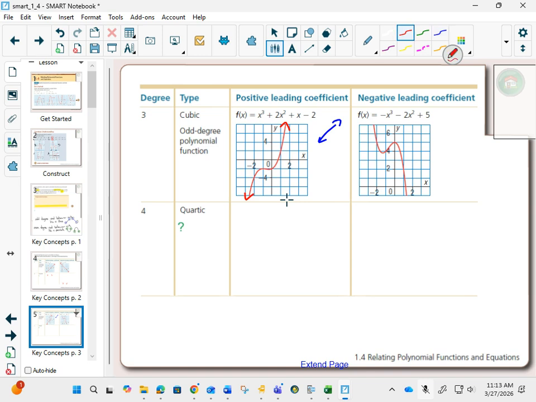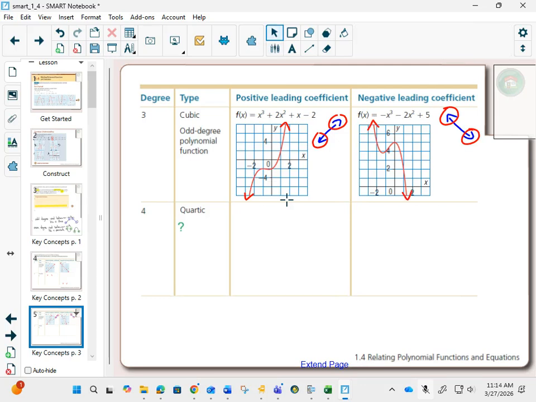I would probably write a little straight line and say, I know I have to start in the bottom left-hand corner for this graph, and I know I have to end in the top right-hand corner. The next one is a negative x cubed, so I would draw a little line with a negative slope and say, I know that it has to start in the top left corner and end in the bottom right corner, because the end behavior acts the same as a line.